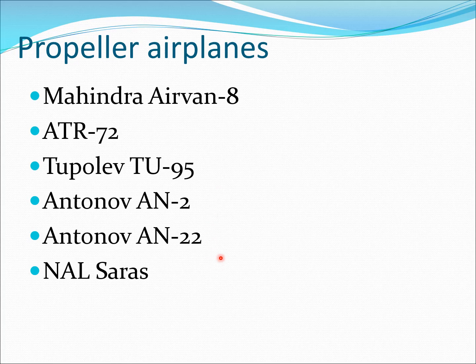And the Antonov aircraft are there, ranging from AN-2 to AN-22. These all use propellers and vary hugely in size. The AN-2 is much smaller, the AN-22 is much larger. You also will see some aircraft such as the Mahindra Airvan 8 and the NAL Saras, which has the propeller at the end. So if you search in Google, you will get more idea about some of these aircraft.